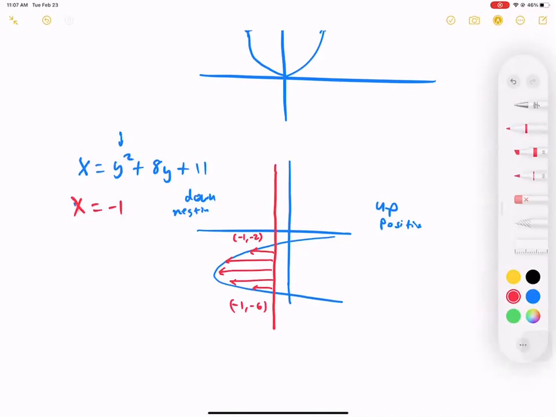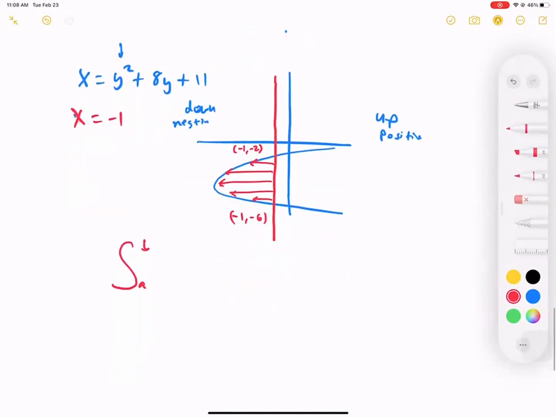So how would we write the integral for this problem? For problems on the side, we're still going to do integral from a to b. Instead of f of x, it is going to be, let's say, f of y dy. Okay, we're a function based on y, because y is our variable.